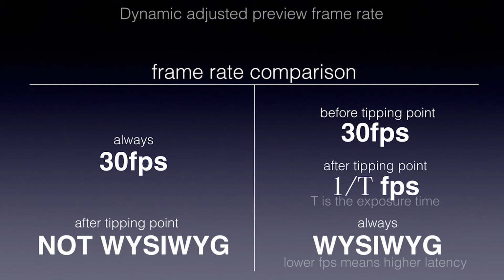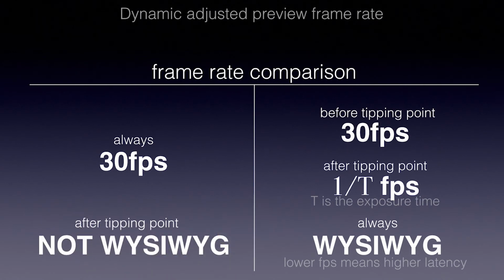You still keep a 30 frames per second refresh rate, which is not what you see is what you get, which means the preview is not precisely the same as what you get. So the live preview makes no sense after the tipping point.